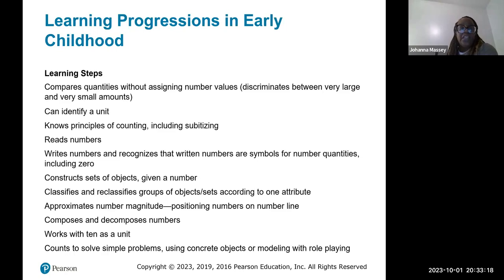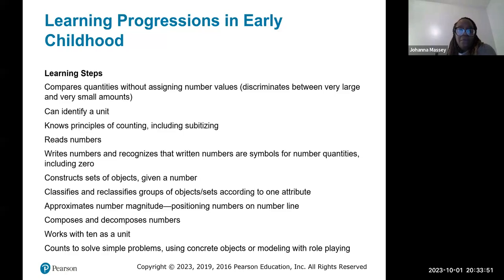They know principles of counting, including subitizing, which is that word again. They can read numbers, write numbers, and recognize that written numbers are symbols for number quantity, which includes zero, knowing that zero is a real number. They construct sets of objects given in numbers, including zero. They classify and reclassify groups of object sets according to one attribute.